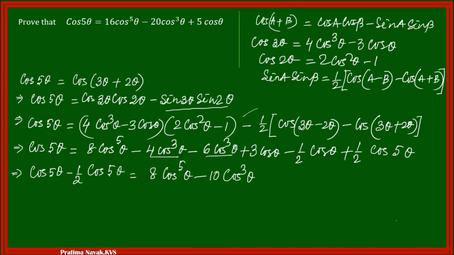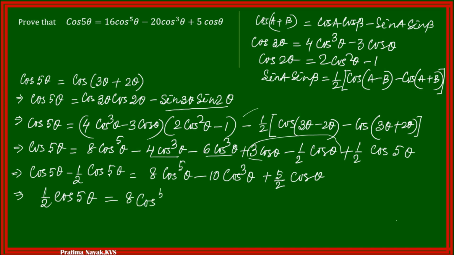Then this cos theta will simplify. It will be 5 over 2 cos theta. So you will subtract, it will be half cos 5 theta equals 8 cos power 5 theta minus 10 cos cube theta plus 5 by 2 cos theta.